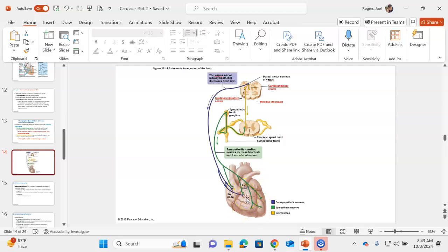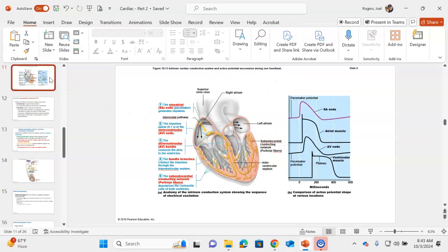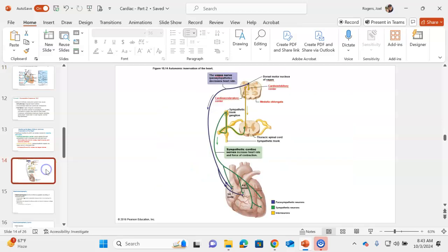Now, if you remember from all those many seconds ago that we talked about this, what do those three areas have in common? The SA node, AV node, and Purkinje fibers all have the capacity to regulate the heart rate. So it's extremely, extremely convenient that this area sends impulses to the three areas that can affect heart rate.